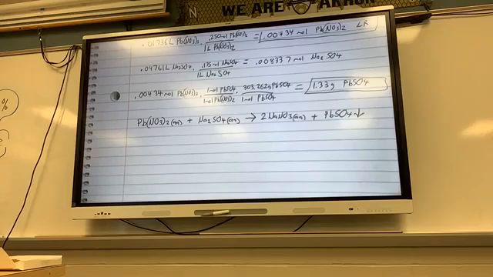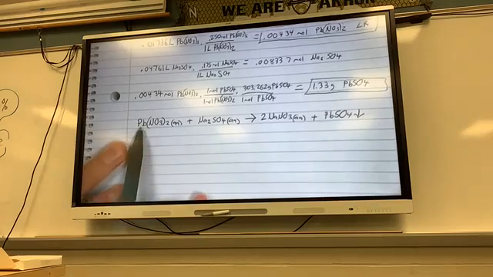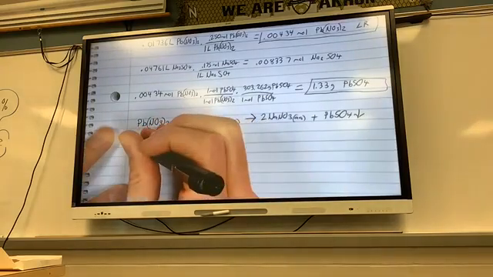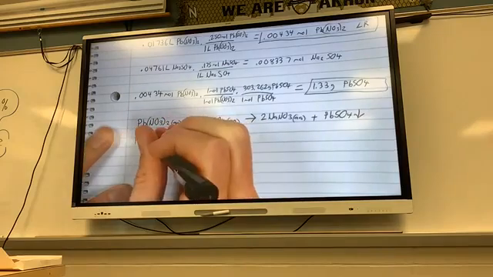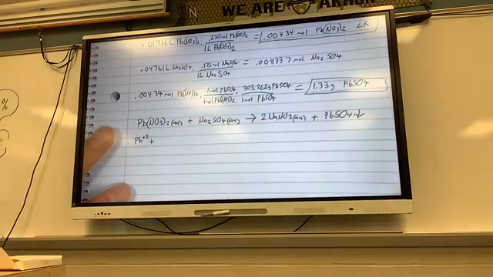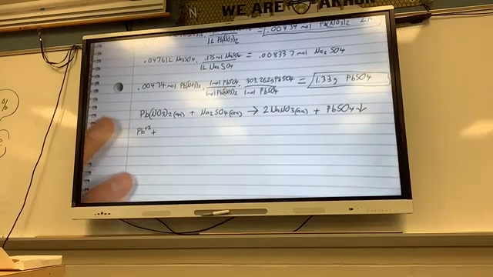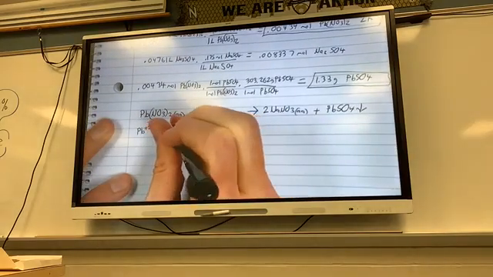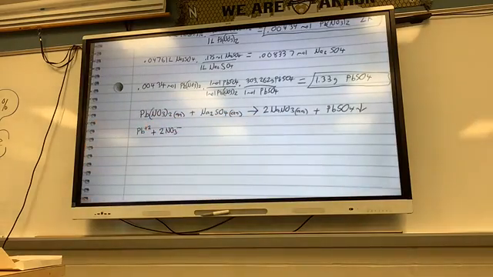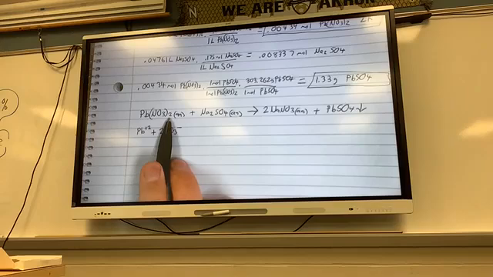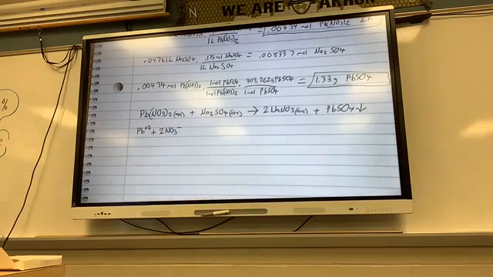So first thing I have to do is break these up, right? So Pb(NO3)2 is going to break up into Pb 2+ plus 2 NO3 minus, because there's 2. We hadn't done one like that yet. If there had been a coefficient of 2 in front, it would have been 2 Pb and 4 NO3.